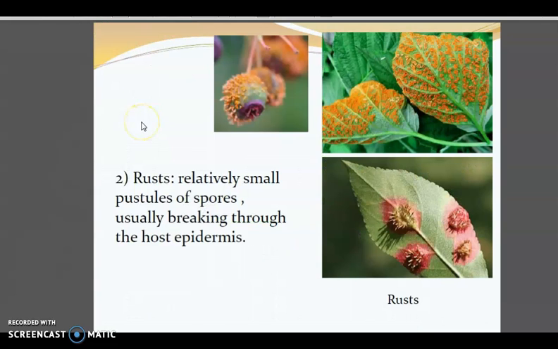Next one is rust. Relatively small pustules of spores usually break through the host epidermis, and you can see rusts. These are usually seen on the back of the leaves.